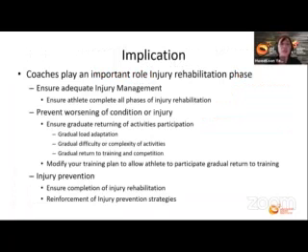Okay. Now, so what are these implications? The implication would be that coaches, you play an important role in ensuring that athletes get adequate injury management and that they complete their injury rehabilitation.